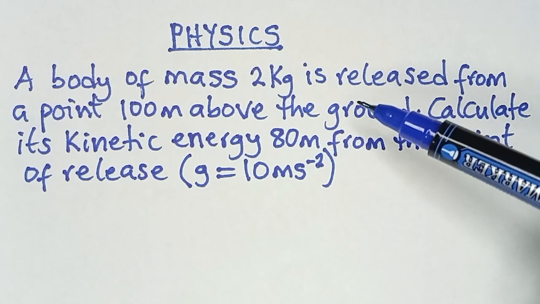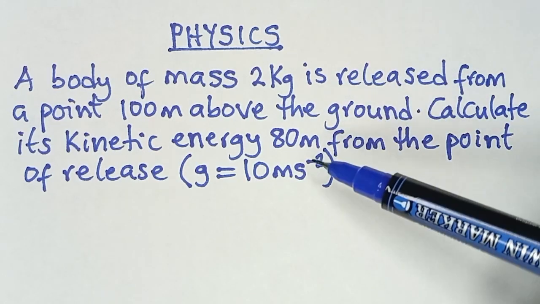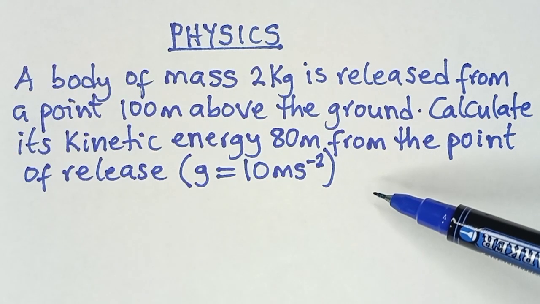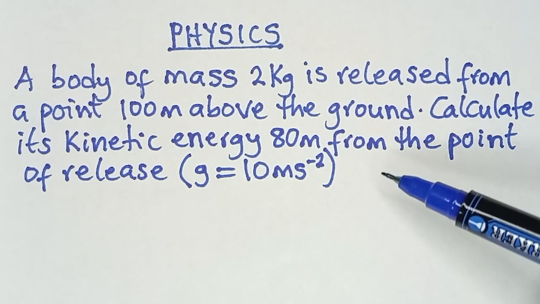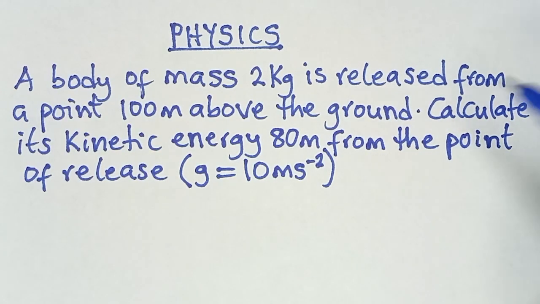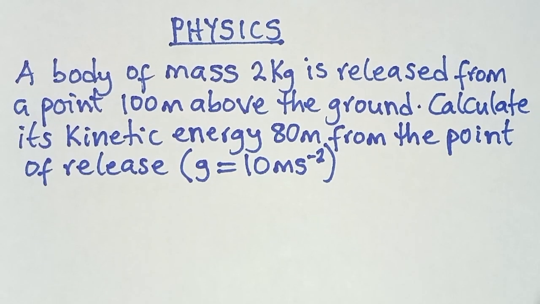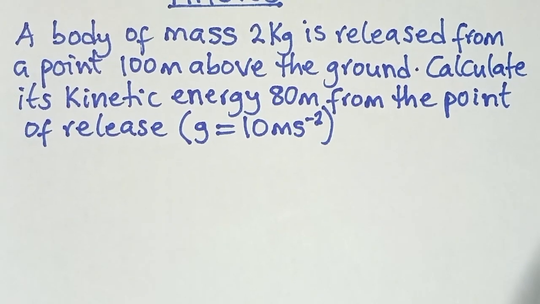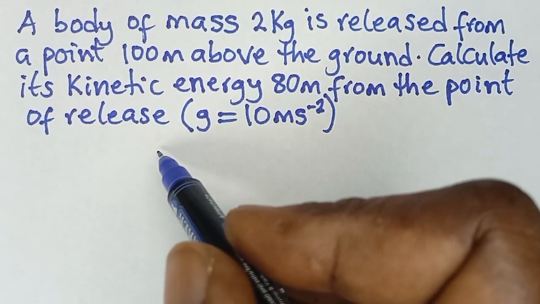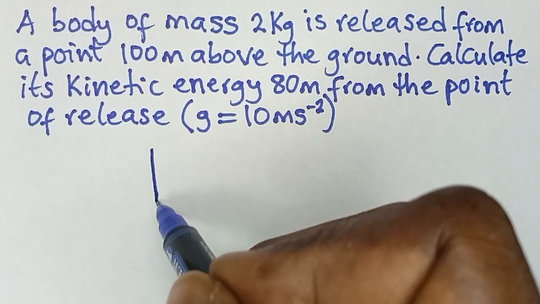Another method of doing it is to use the conservation law of mechanical energy. So I want us to use the conservation law of mechanical energy so that we can learn that method. So in doing that, I would like to have a sketch first of this. So let me say this is the top where the object is released from.